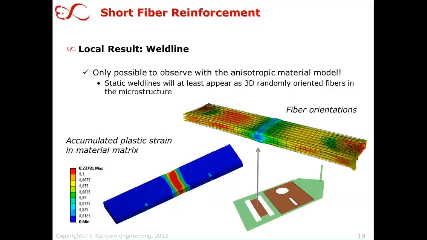So basically, you predict the breakage in the weld line, even though this is only part of the weld line behavior, which is reflected in the microstructure here, but it's still the weakest spot in the part, and this is predicted already by just taking into account short fiber orientations. And of course, with an isotropic model, you would see just a homogeneous stress state or strains in the tensile bar, so no way of predicting a weld line such as we look at here in these pictures.